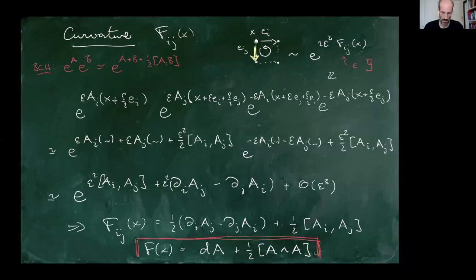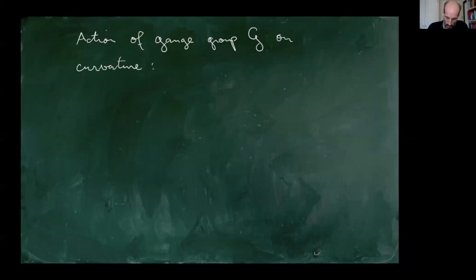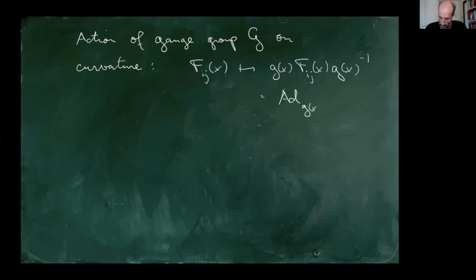Okay, so the action of the gauge group, say curly G, on the curvature is simply that your F_ij of x just gets turned into g of x, F_ij of x, g of x inverse, or if you want, Ad.